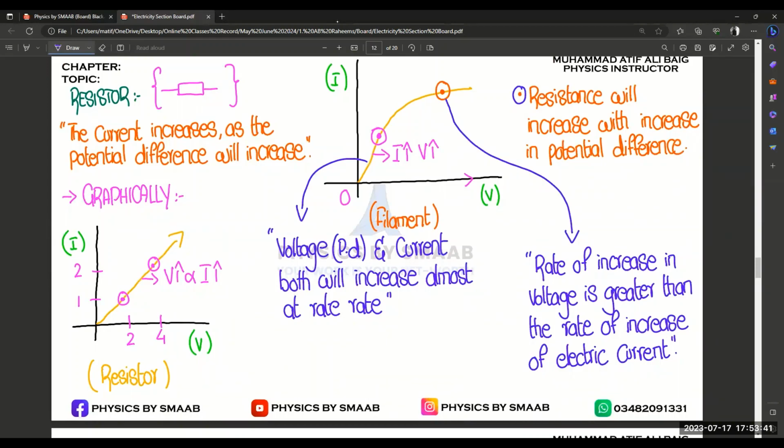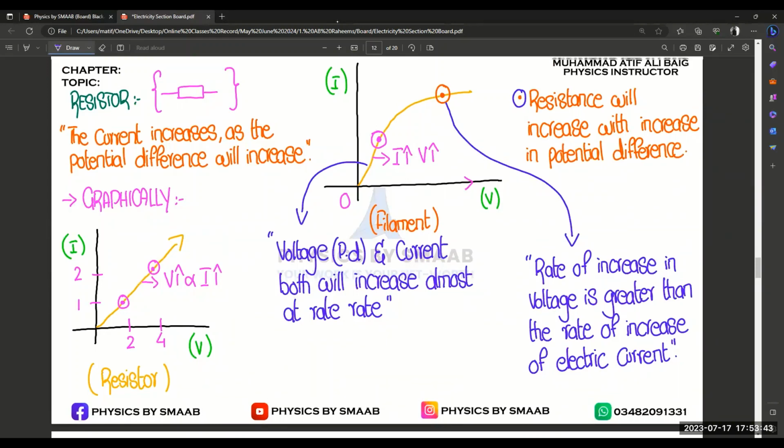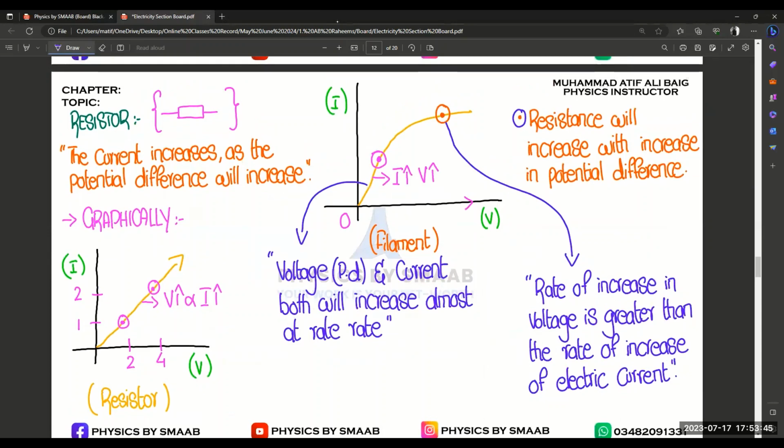And what is the graph for the filament? For the filament there is a curve, right? So what is the difference between them? If voltage is directly proportional to electric current, we get a straight line. And if we observe an irregular or curved line, that gives the concept of variable voltage and variable electric current, right?